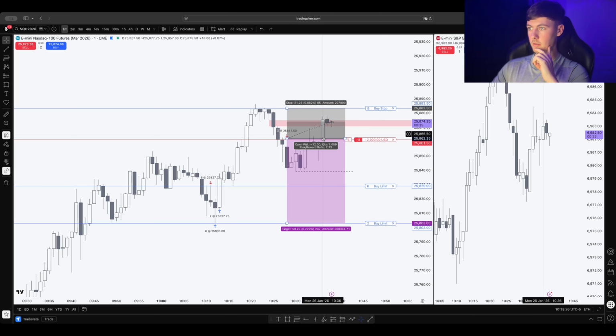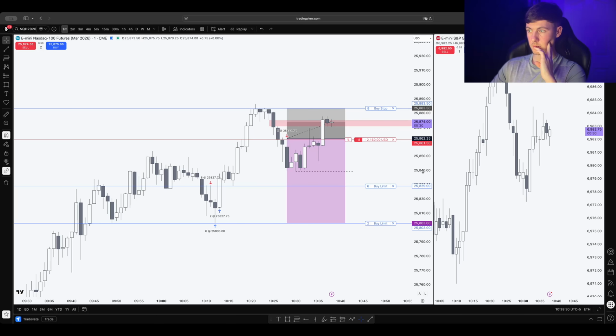Want to see that bullish fair value gap get run through, but it's just poked inside of it there.